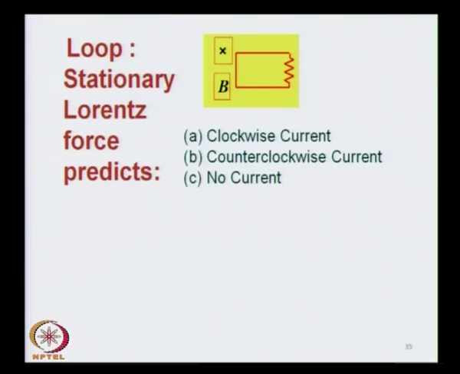So, we take a certain loop. This is an electric conducting material. This is a loop which is placed in a region in which there exists a magnetic field, which is a vector field, and this magnetic field in this figure that I am using is pointed into the plane of the screen.